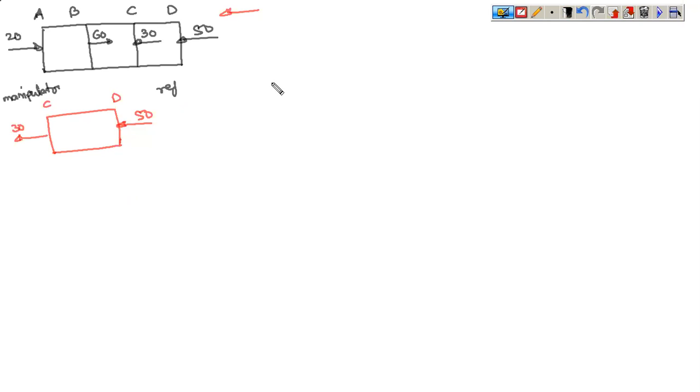So this remains as usual. We'll be adding 50 and subtracting 50 from this end. So this 50 and this 50 form the balance here.